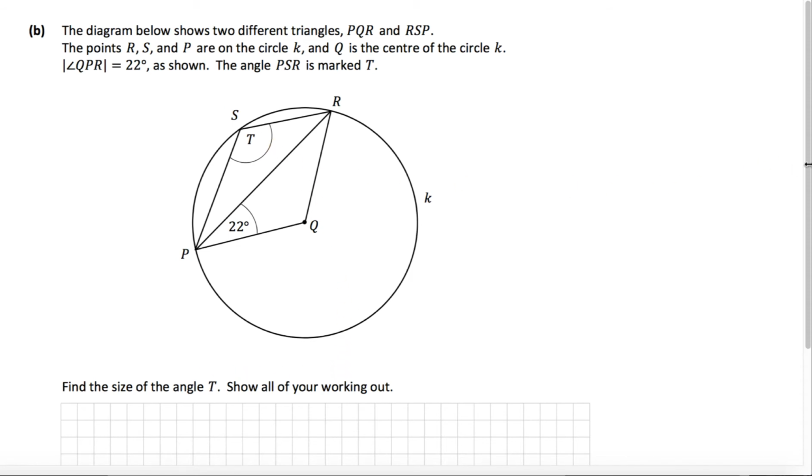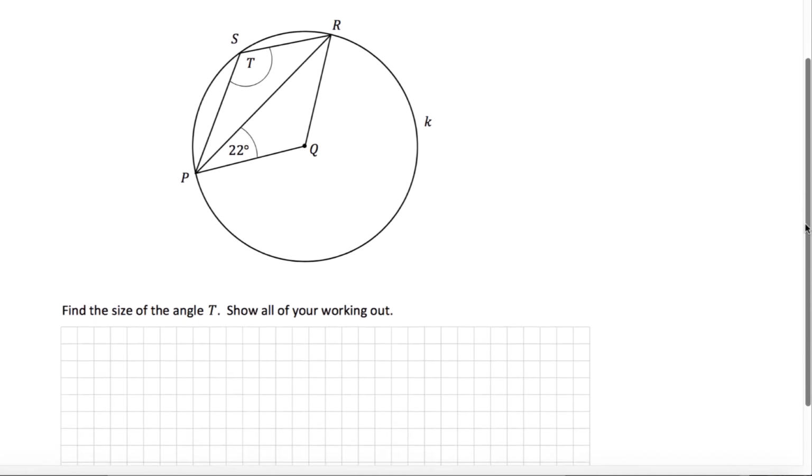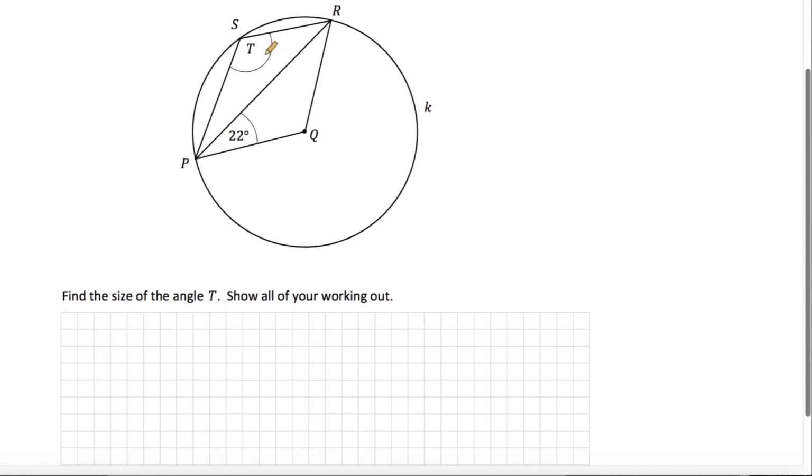All right, so we're looking for the size of this angle T. Well, there's a circle theorem. There's a few ways you could do this, but there's a circle theorem here that we need to recognize first of all, and it's that this angle here, this reflex angle, is equal to 2 of these angles. Because this angle is standing on this arc, and this angle is standing at the same arc.